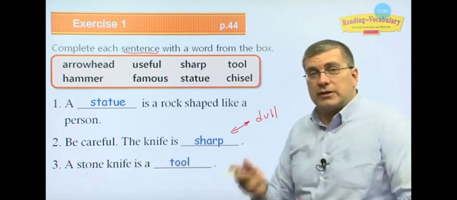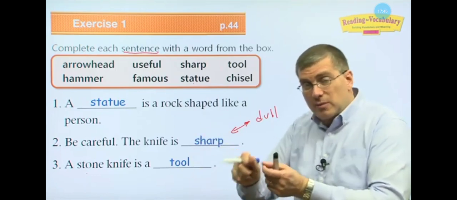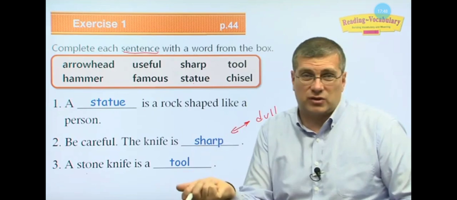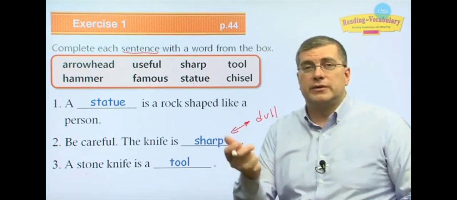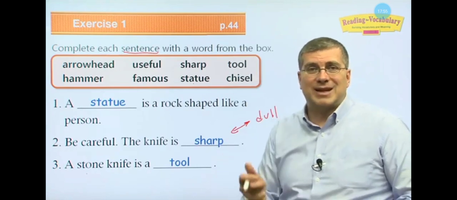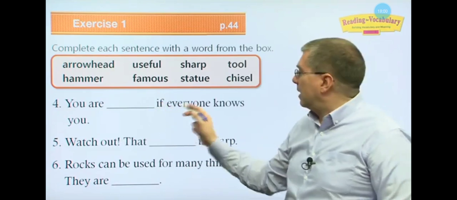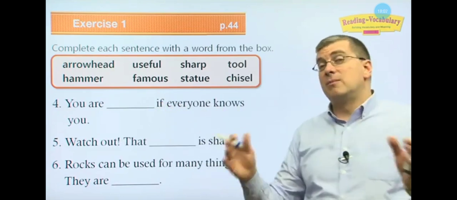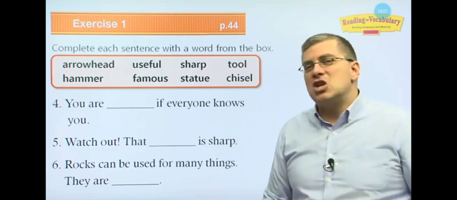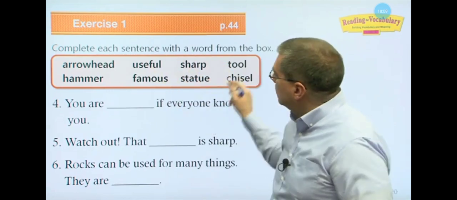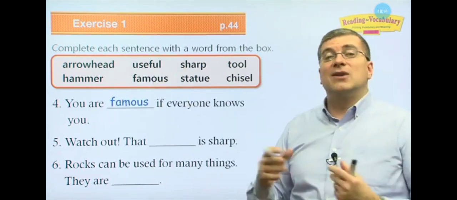Number four, to do something to get something done. Next one, if everyone knows you, everyone knows your name, you are what? You're famous. You're famous if everyone knows you.